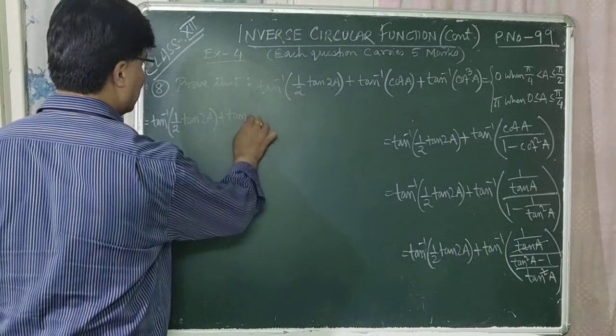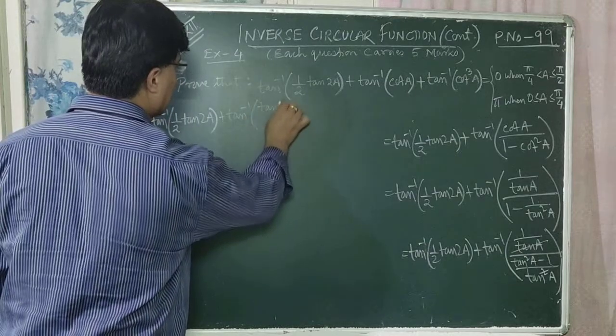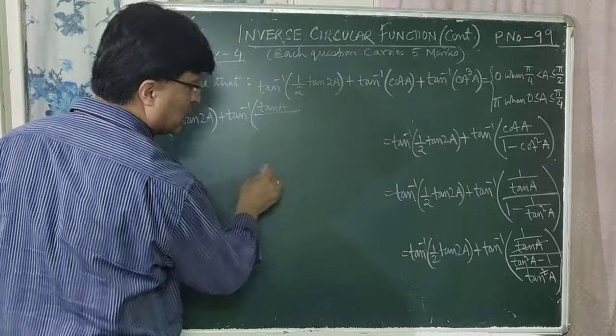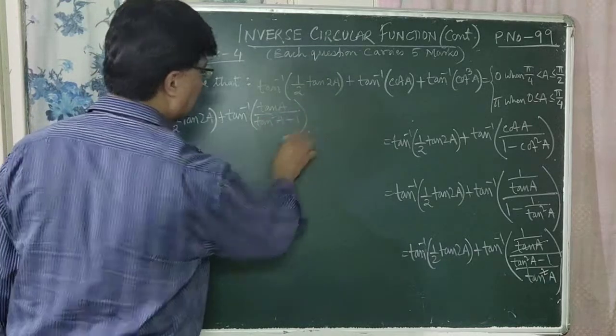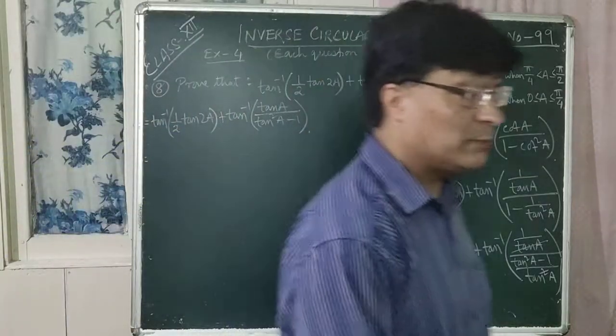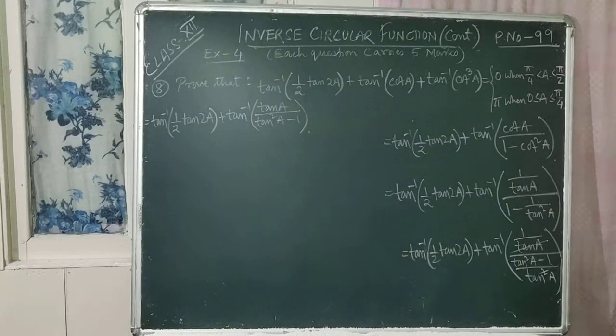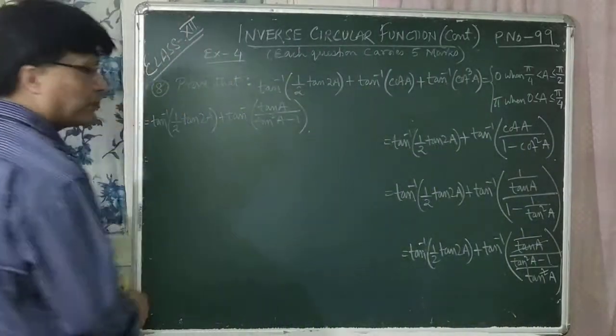Plus tan inverse within bracket, it is tan a divided by tan square a minus 1. That means when the denominator goes up in the numerator, it becomes upside down. That is tan a divided by tan square a minus 1, right? So let us simplify it again.